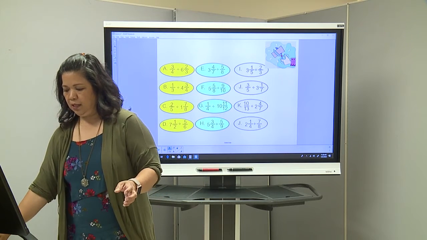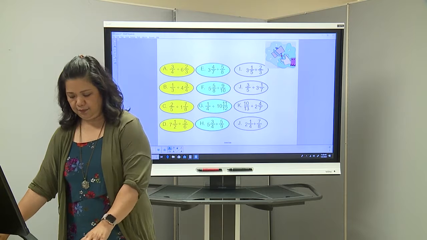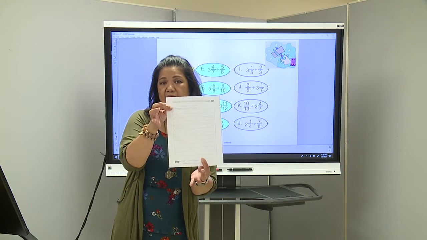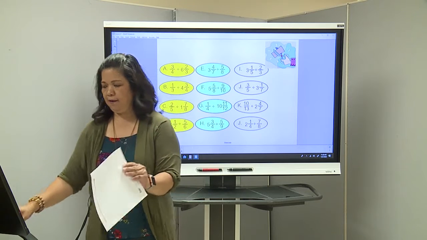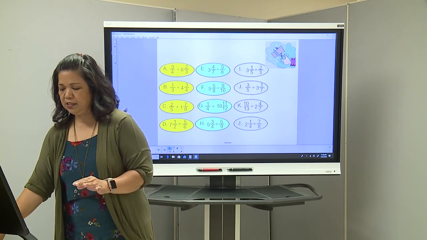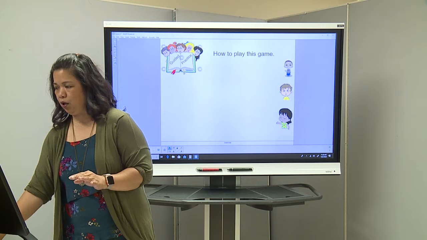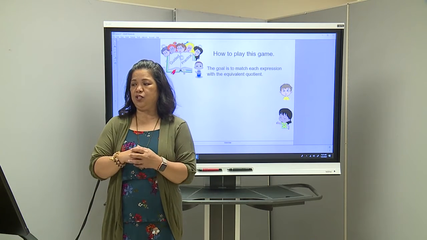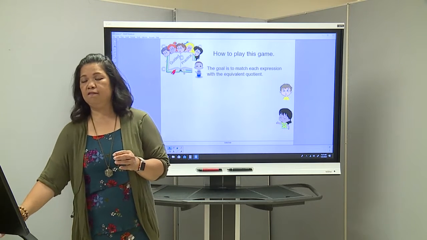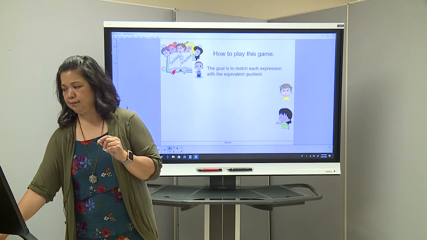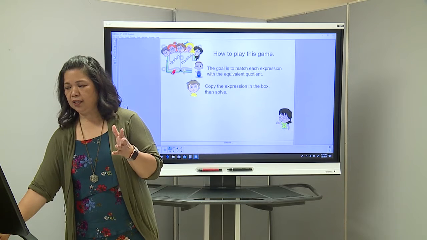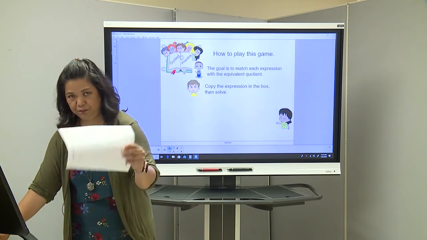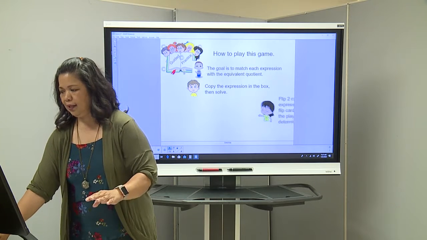Okay. Now, when your cards are ready and you have completed and answered all the expressions, then this is how the memory game works. The goal is to match each expression with the equivalent quotient. Okay? So you got the expression copied and solved in this paper, right? Okay.